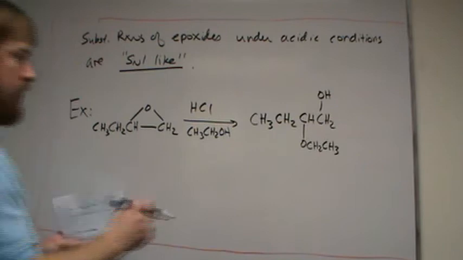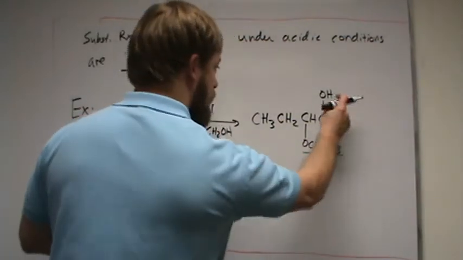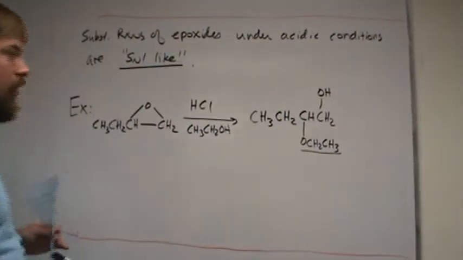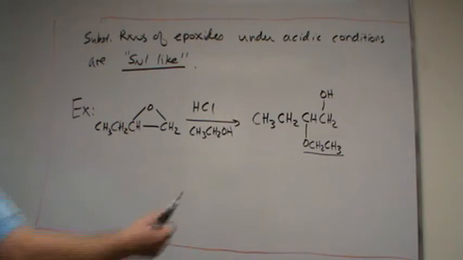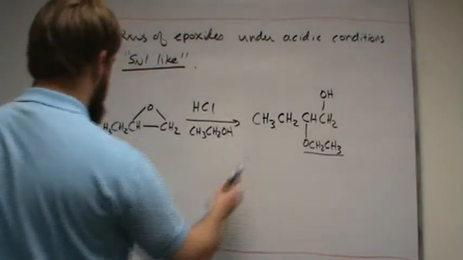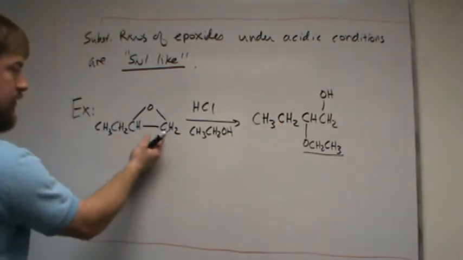So this is where our nucleophile came in. This is what's remaining of the epoxide, the alcohol. Let's take a closer look now at why we have nucleophilic attack on this carbon instead of this one.